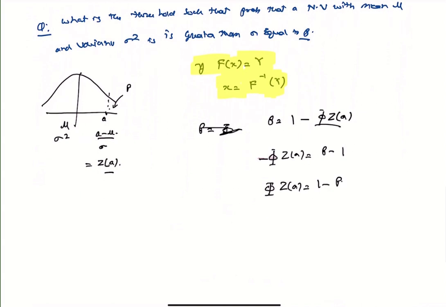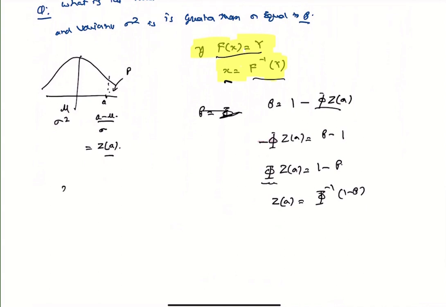But here, we're going to apply this principle, which is that if f of x is equal to y, then x is equal to f inverse of y. So we want to know z of a, and remove this function here. It's just going to go on the other side, and it's going to become phi inverse of 1 minus p. Now we also know that x can be described as sigma z plus mu.